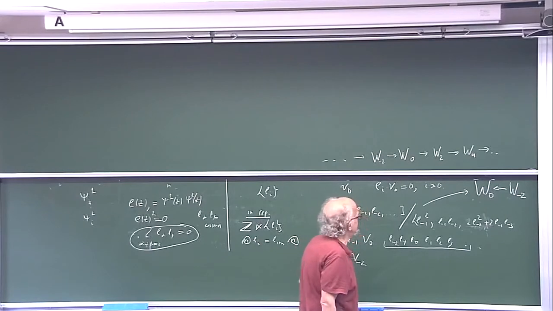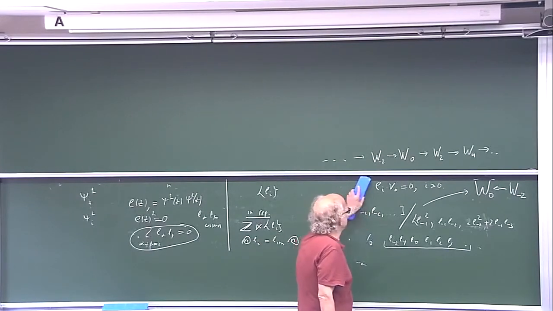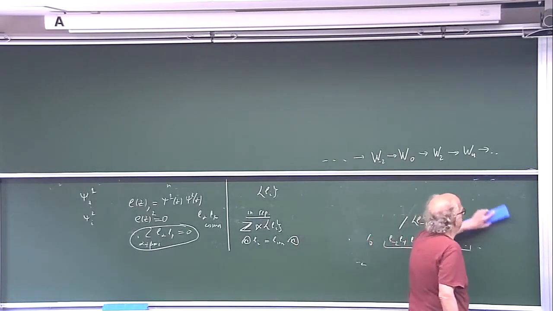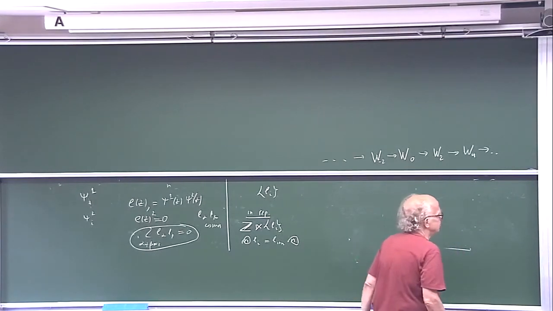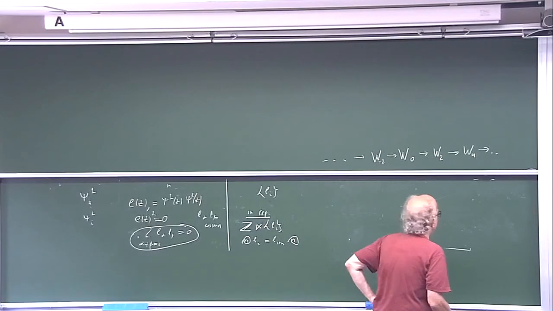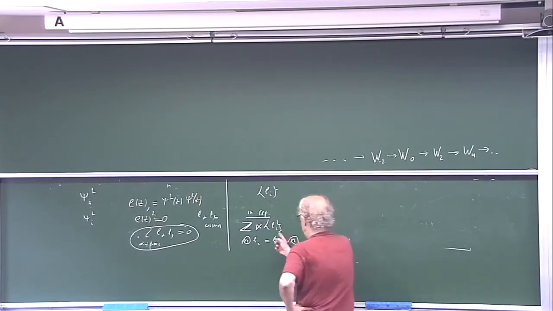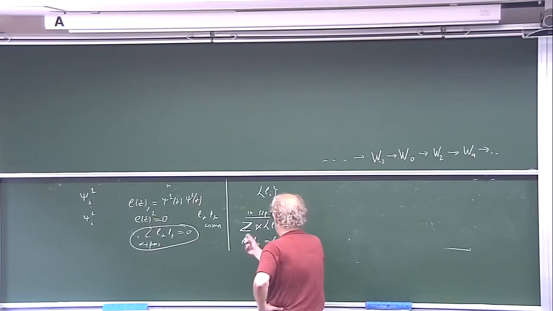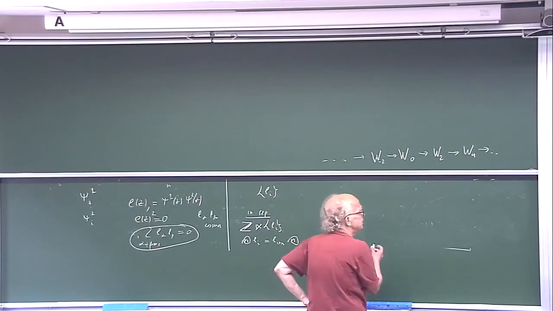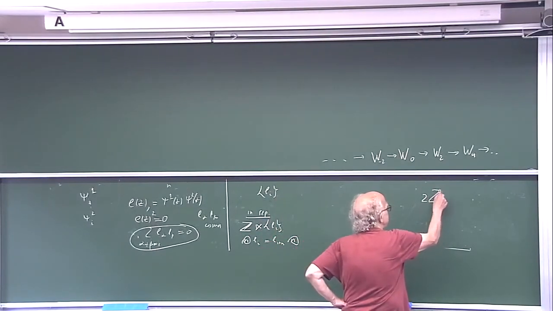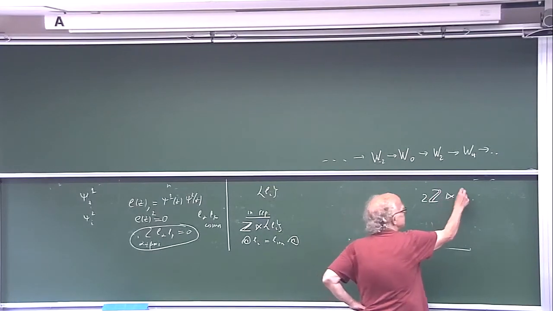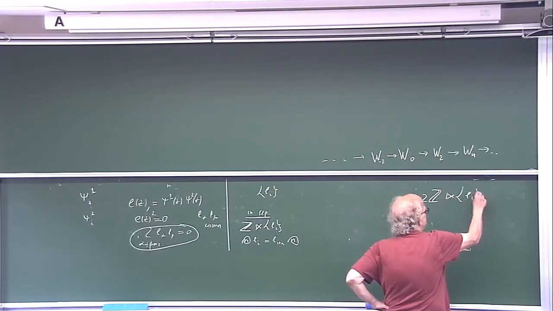Now about Z. Z is acting, but actually not the whole Z. Because we have the map by 2, on this limit acts Z semi-direct with EI.